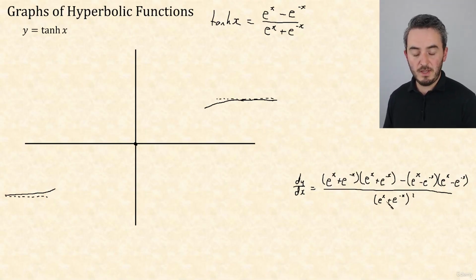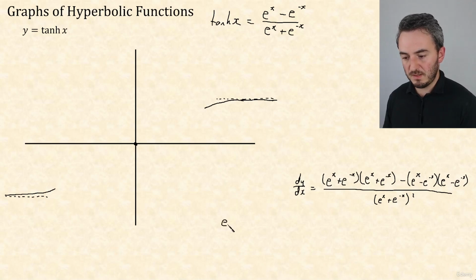Now, a stationary point happens when this numerator is 0. So this numerator, well, notice that what we have here is the difference of two squares, but I think we can just expand all of this out. If we do expand it out, we get e to the 2x plus 2 plus e to the minus 2x.